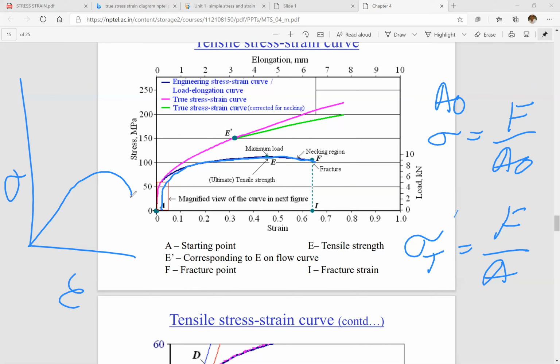But in the true stress strain diagram, if you use the instantaneous area, the area continuously decreases. If the area continuously decreases, then the stress increases. See this point: as the area continuously decreases, we are going for the deformations.